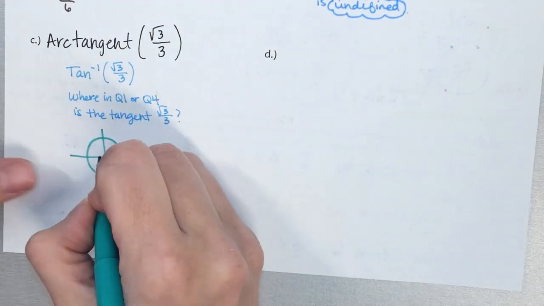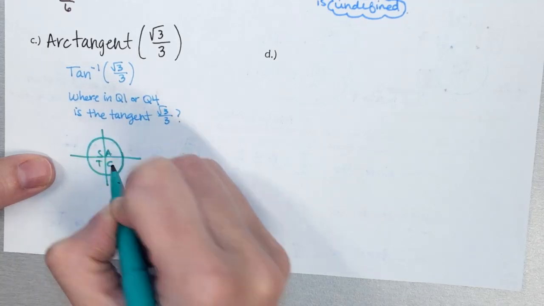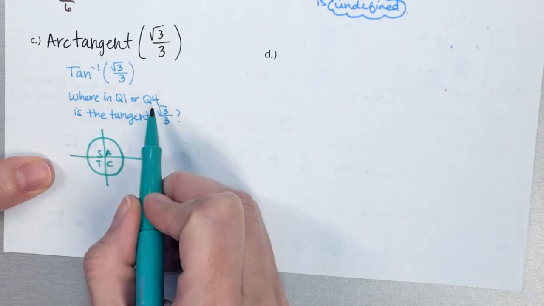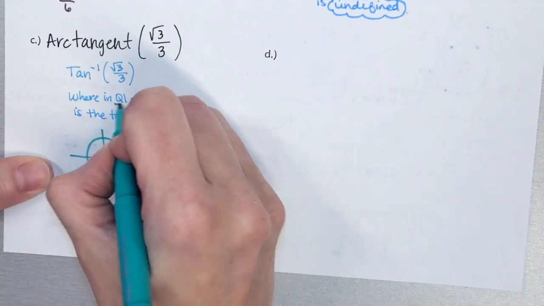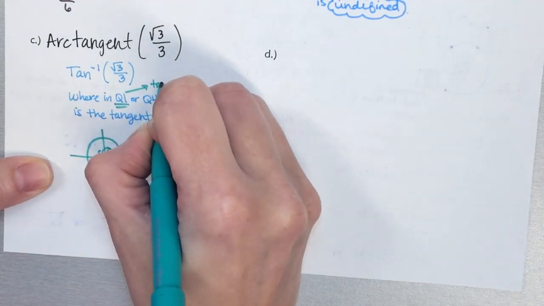Okay, so if I'm thinking of all students take classes, in quadrant 1 or quadrant 4, if it's positive, it has to be in quadrant 1. That's where the tangent is positive.